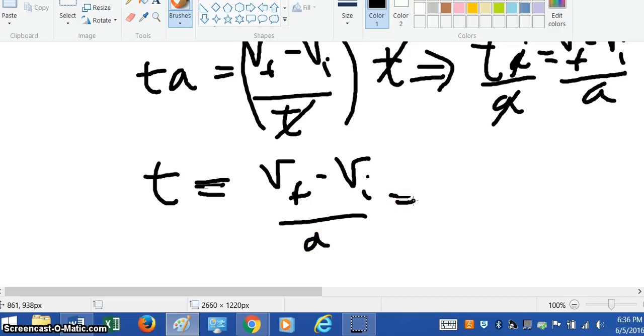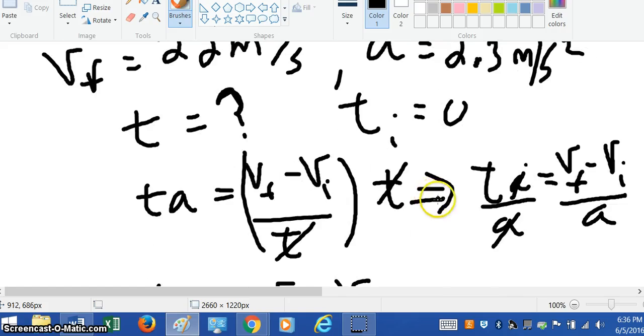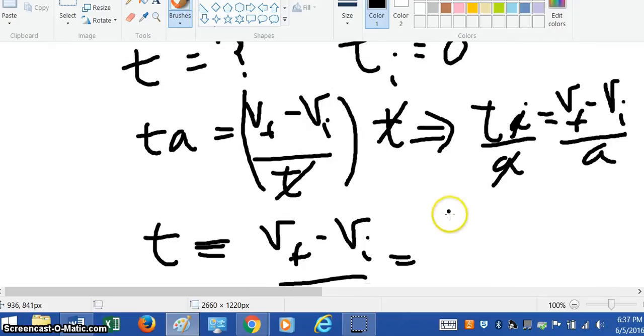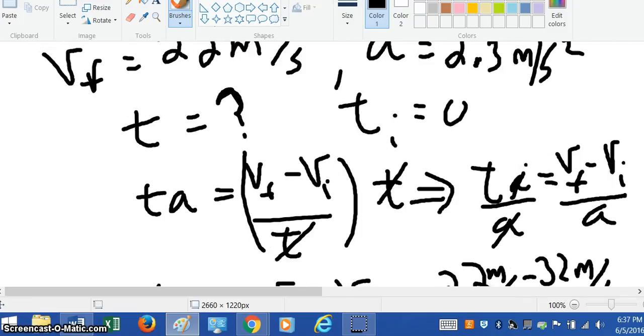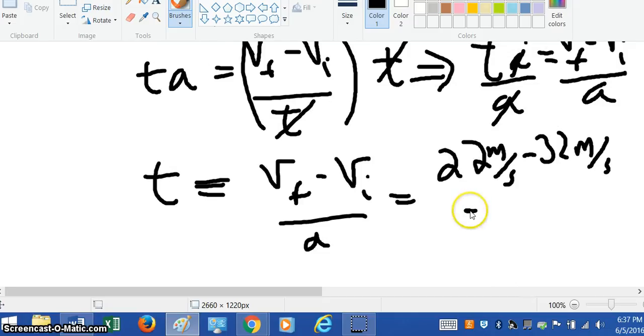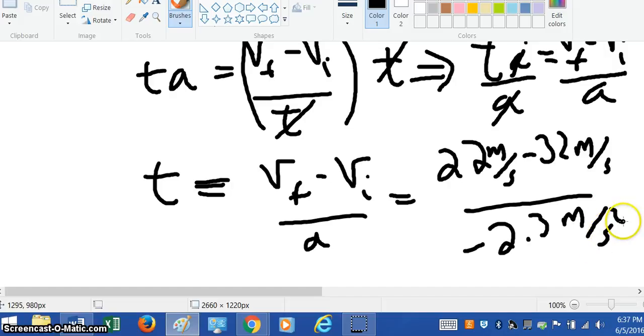We have those values. We know that the final velocity was 22, the initial velocity was 32, so it's going to be 22 meters per second minus 32 meters per second, divided by, what was the acceleration? Negative 2.3 meters per second squared.